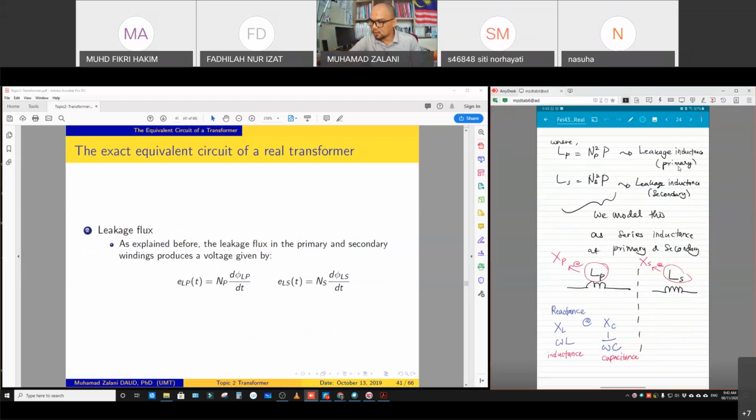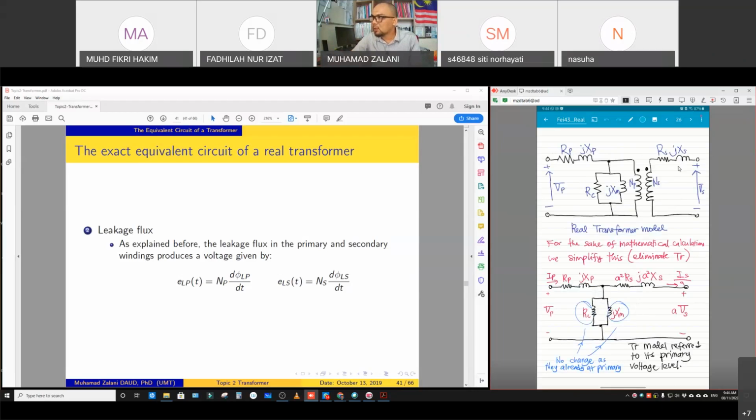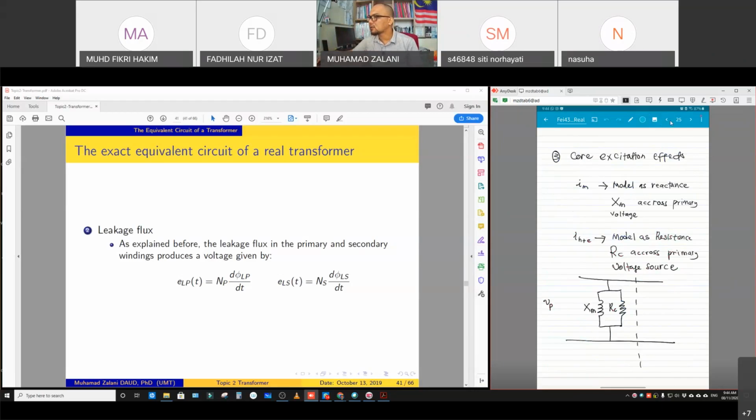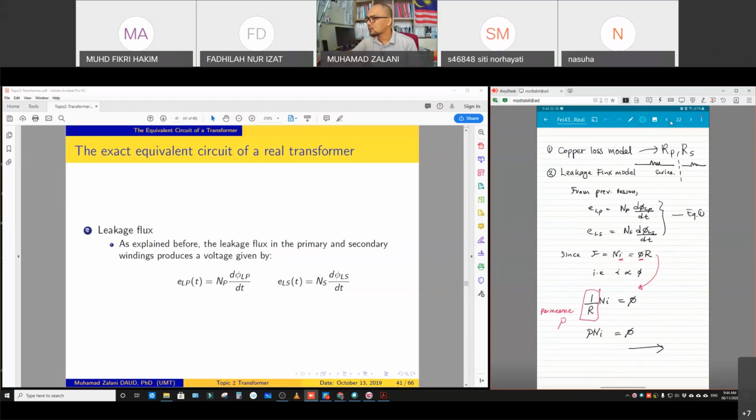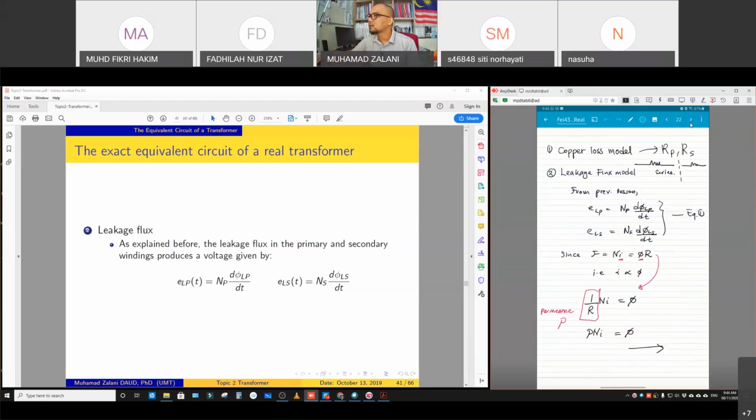Actually, what I am talking about is representing all of the losses in terms of electrical components: copper loss, magnetizing current losses, and core excitation effects.